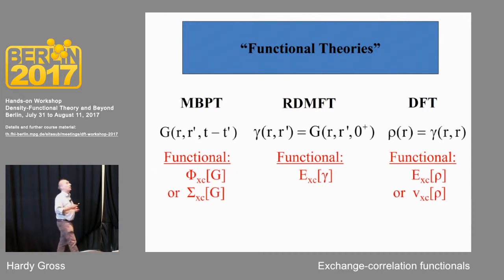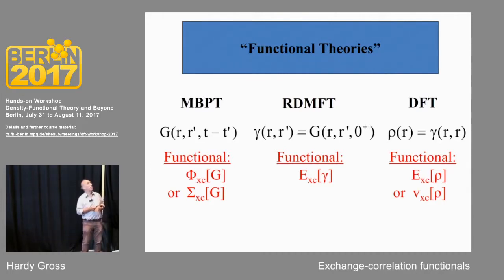Another choice is reduced density matrix functional theory. There you write the total energy as a functional of the one-body density matrix. This is actually a simpler quantity, right? You can get it from the Green's function if you wish by the equal time limit. So there you also have to invent an exchange correlation functional as a functional of the density matrix.